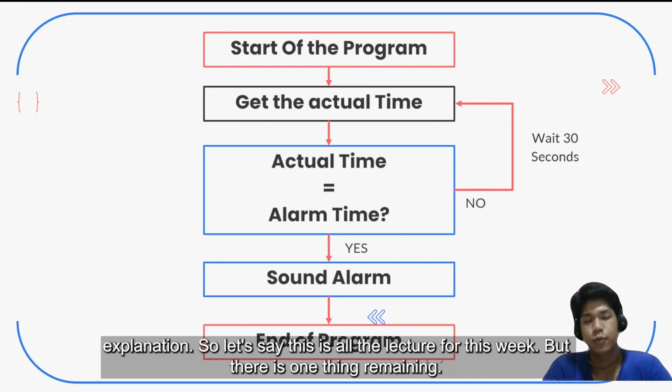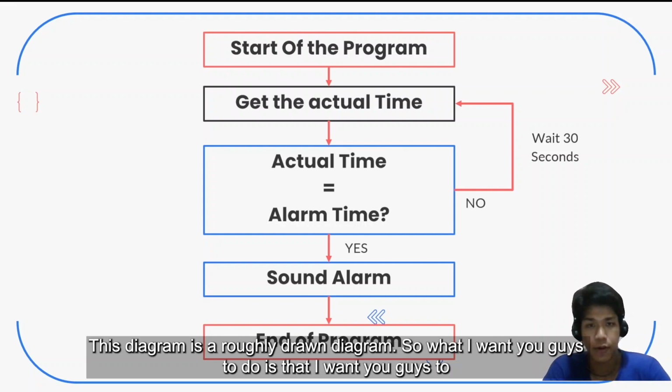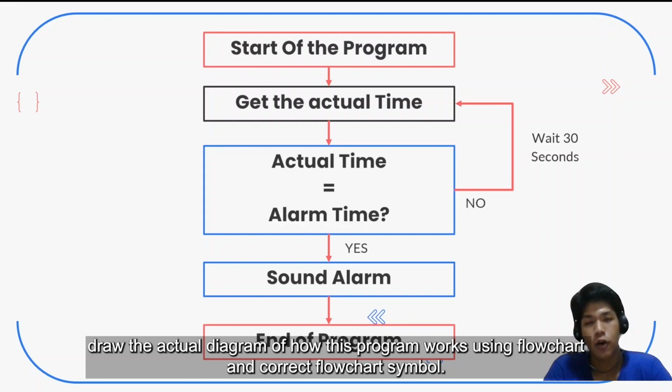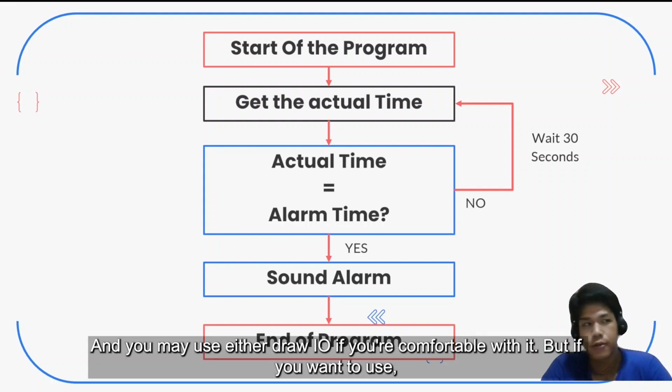But there is one thing remaining. This diagram is a roughly drawn diagram. So what I want you guys to do is to draw the actual diagram of how this program works using a flowchart and correct flowchart symbols. And you may use Draw.io if you're comfortable with it.